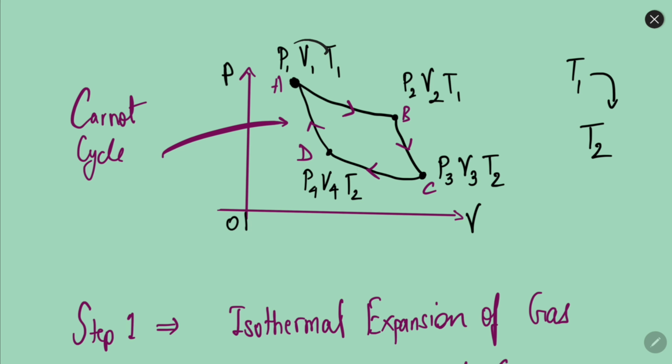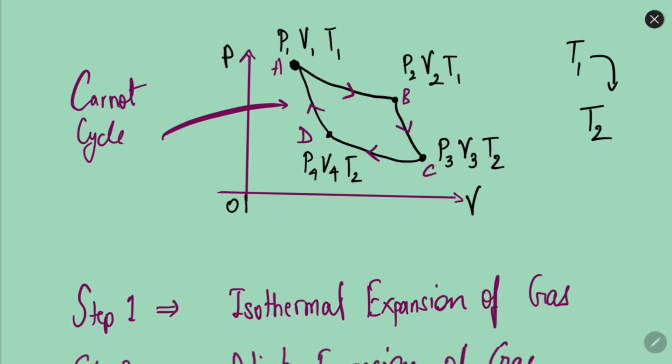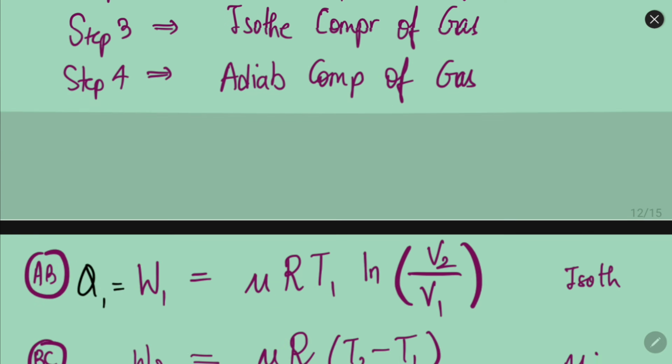So C to D is isothermal compression, where the temperature remains constant, so pressure will become P4, volume will become V4, but temperature will remain T2. After point D, there will be more compression, but this will be adiabatic compression. So D to A, adiabatic compression, the temperature changes from T2 and will again become T1, V4 will become V1, P4 will become P1. So this is how we reach the initial point again, and this cycle is called the Carnot cycle.